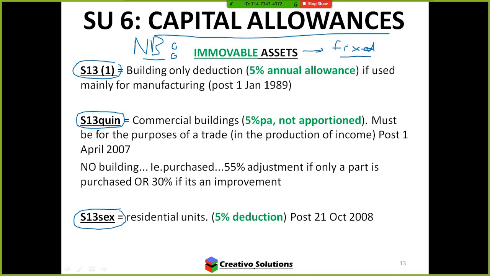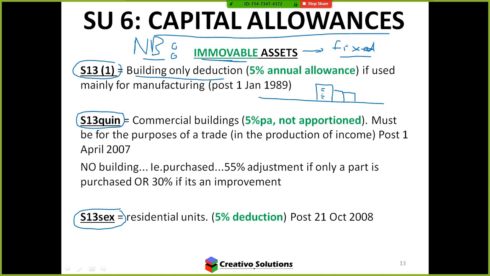The first one, section 13(1), is a building only deduction. Building only means not the land, just the building. In other words, what's occupying the space on the land, the fixed, immovable asset, the actual construction. The buildings on the property will have a deduction.